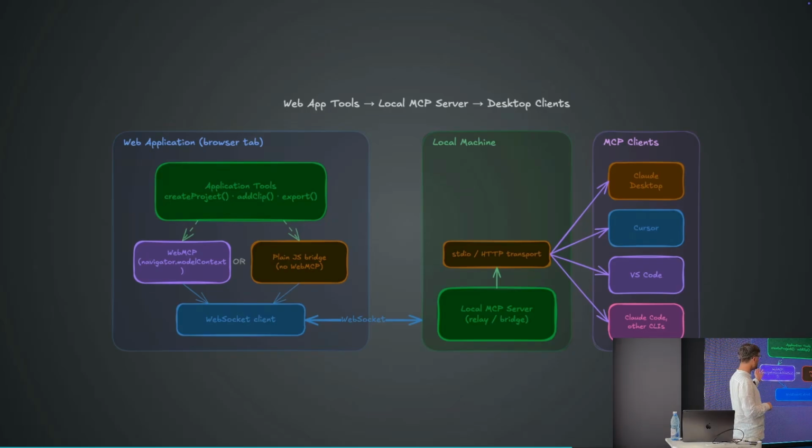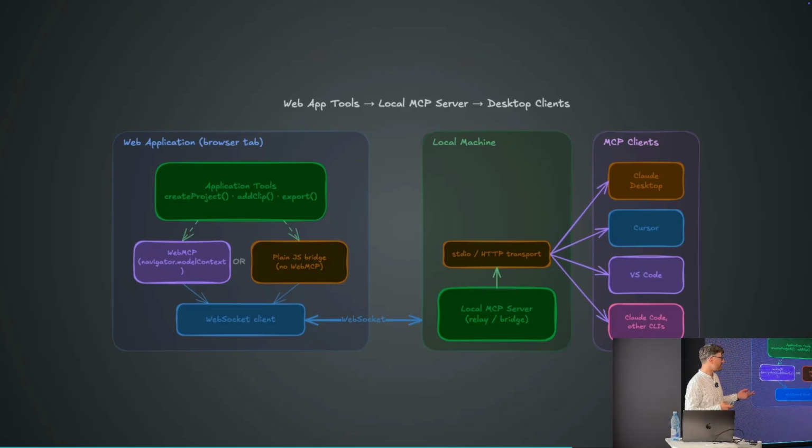In my case, it was something like this. So we have the application. We have the tools, which can be registered with simple JavaScript or through WebMCP. And then you figure out, hey, I can use WebSockets to communicate with some other process on my laptop. So I have a local MCP server that communicates with my app through WebSockets and exposes these functions or these tools to different MCP clients like Claude Desktop or Cursor or whatever you want to use.